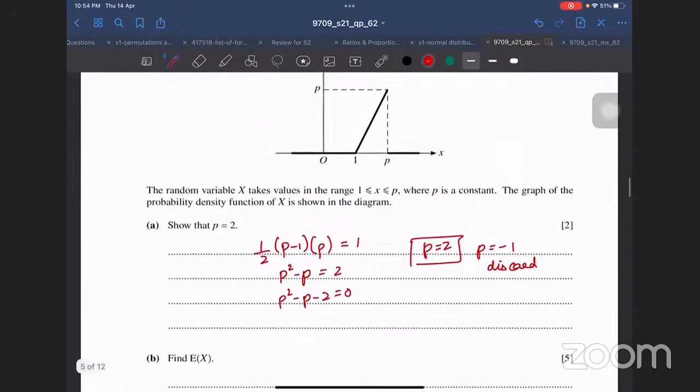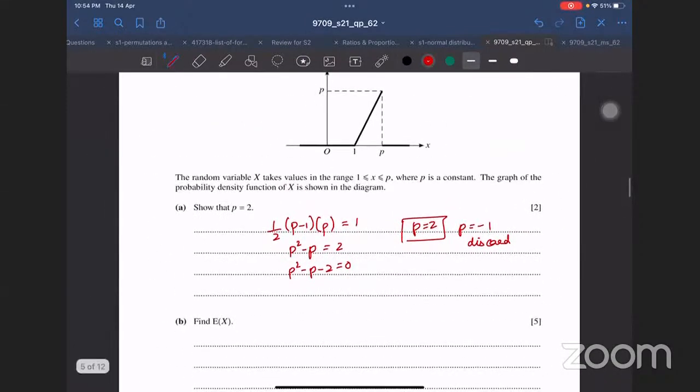Find the expectation of X. So what I'm going to need is the function first. This function will therefore be, this coordinate is 2 comma 2 and this coordinate is 1 comma 0. So I'm going to first construct the equation of this function. Y minus y1.